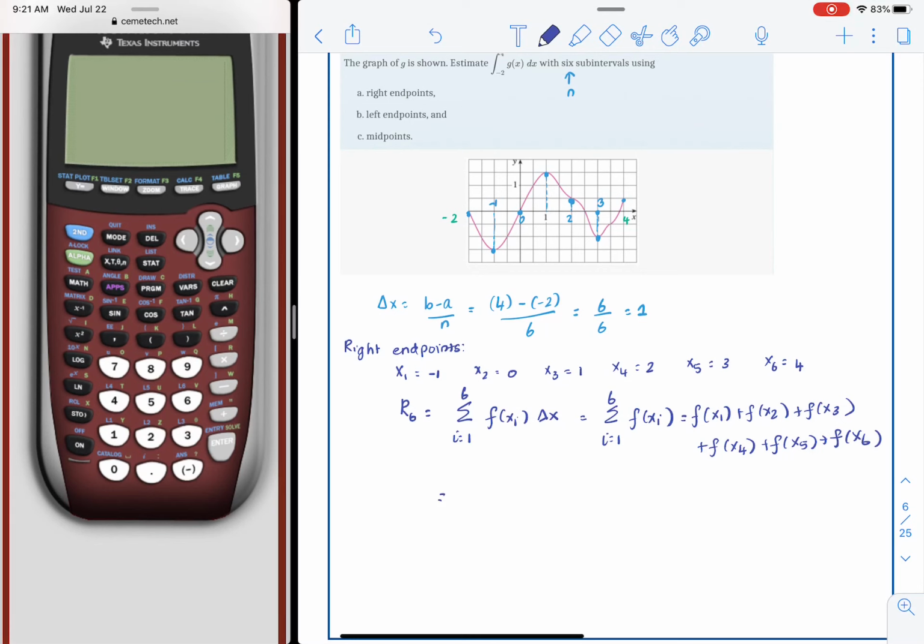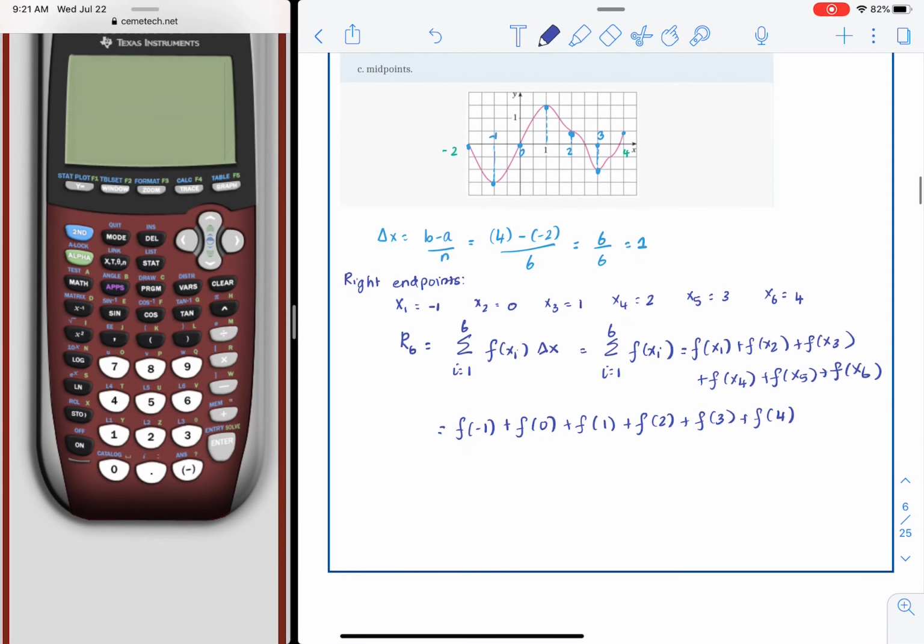So we have f evaluated at -1, 0, 1, 2, 3, and 4. I'm simply plugging in x1, x2 all the way up to x6.